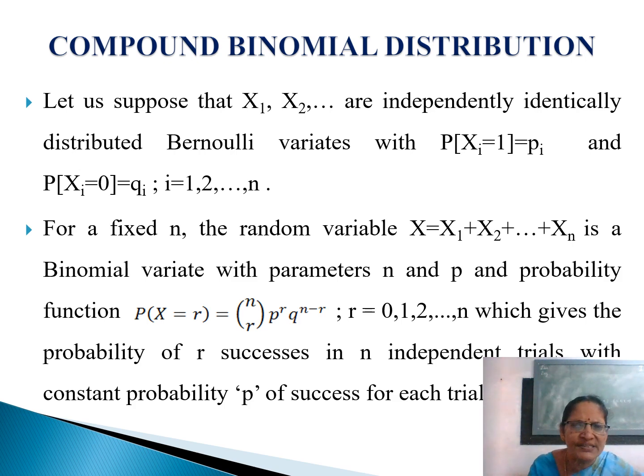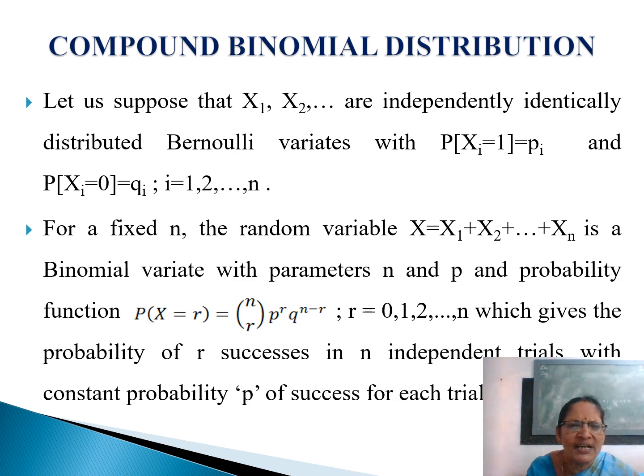Compound binomial distribution. Let us suppose that x1, x2, etc. are independently and identically distributed Bernoulli variates with the probability of xi equal to 1 is p, and probability of xi equal to 0 is q, i varies from 1 to n.